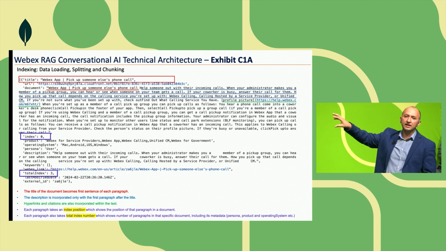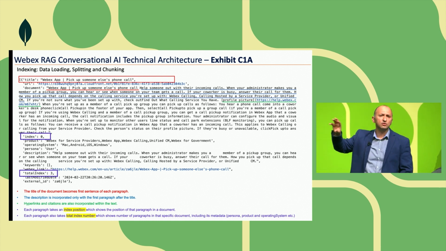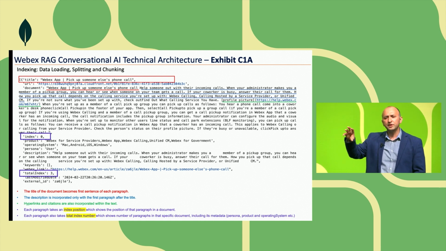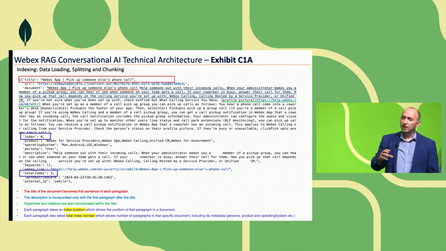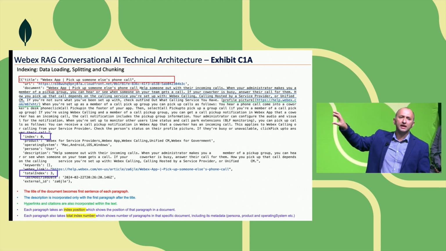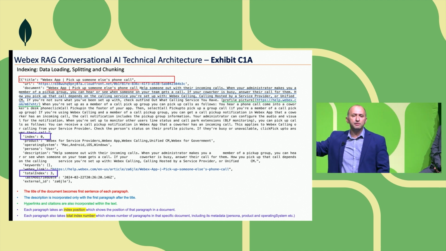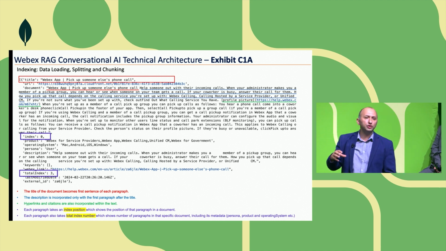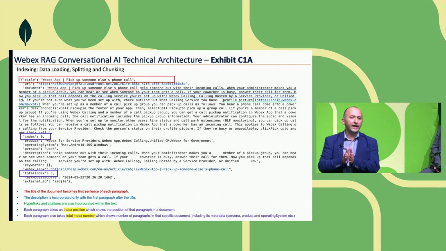And then we have the index and total index numbers. These also come from the document itself. The index shows the paragraph's position in that document. So this is the first paragraph, and the total index is how many paragraphs we have in this document. Why is it important? Because once we get the output from the vector database, we make a kind of anchor strategy: check one previous and one after paragraph, and concatenate them to create one big chunk of text.